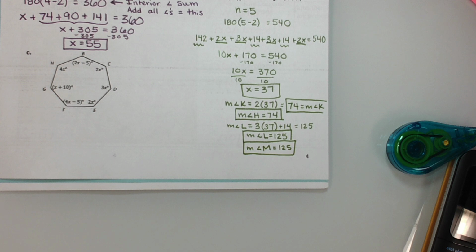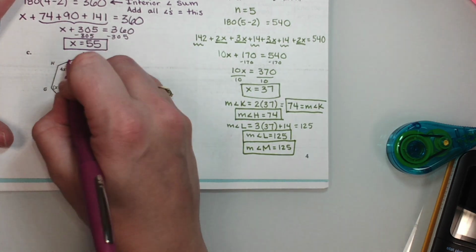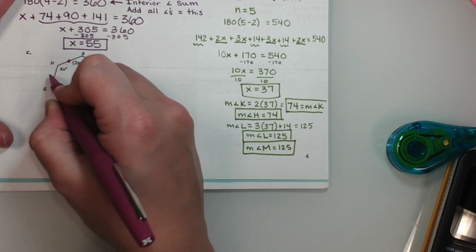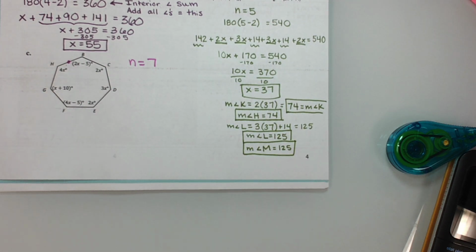Ava, how do I start the final problem? Count up sides. Start at one of the sides, count your way around. 1, 2, 3, 4, 5, 6, 7.